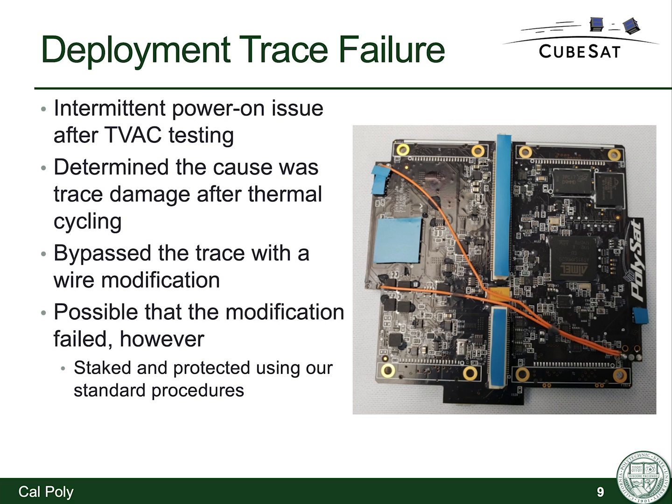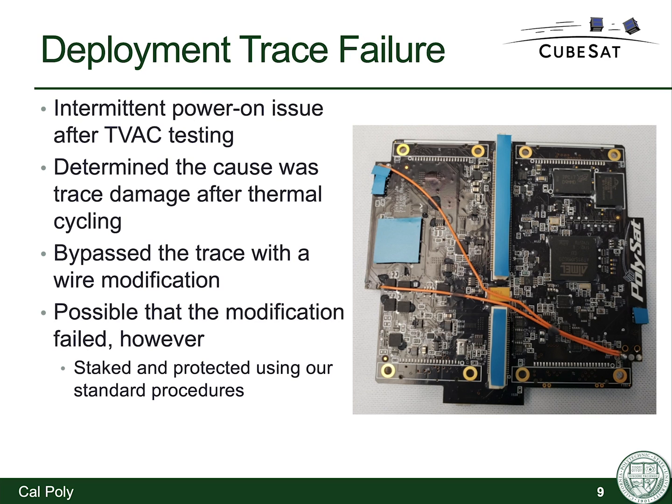If you pushed on the circuit board in the correct spot, you could get it to turn on, and when you released the pressure, it would turn off. After some troubleshooting, we decided that the cause for this was one of the traces actually got damaged during the thermal cycling in TVAC, and it was no longer conducting electricity like it was supposed to.